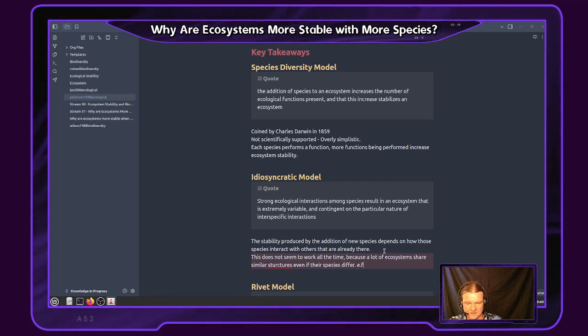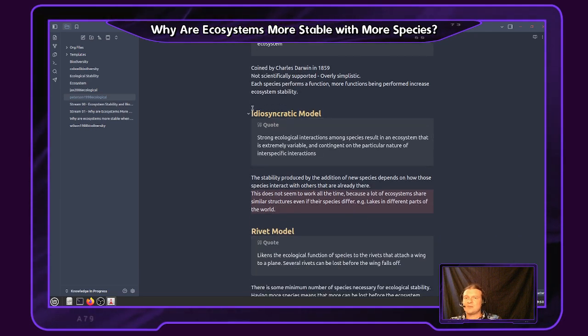We'll say, for example, lakes in different parts of the world. All right, so we have our idiosyncratic model taken care of.